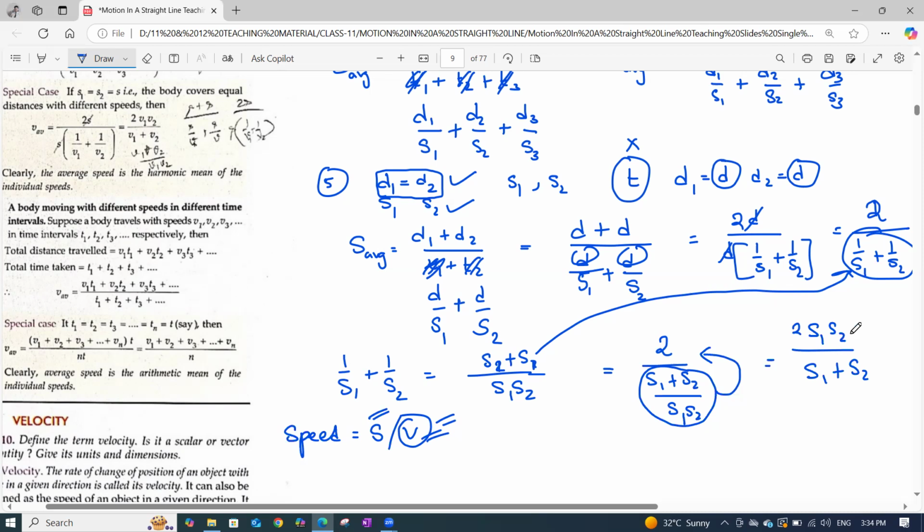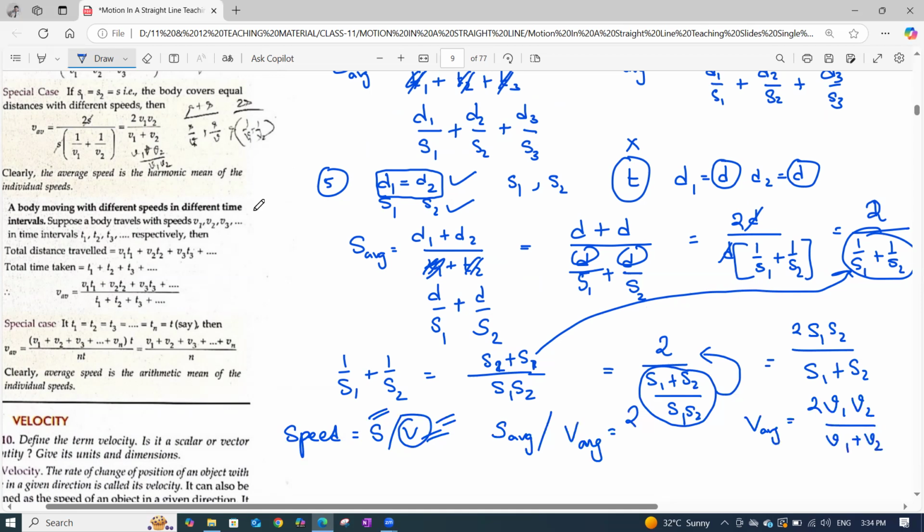So average speed V AVG is equal to 2 V1 V2 by V1 plus V2.